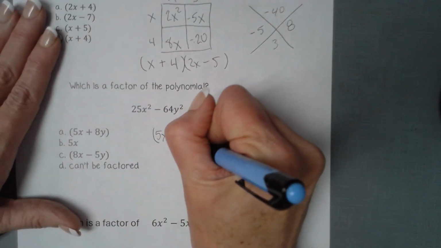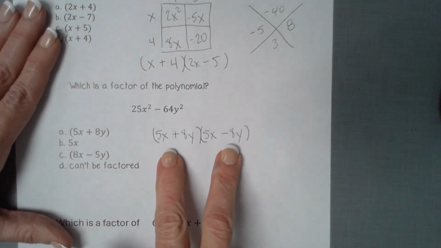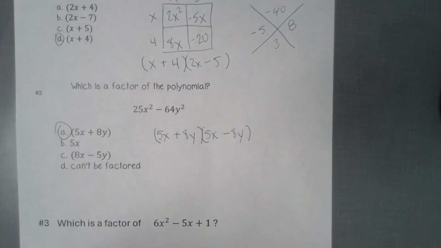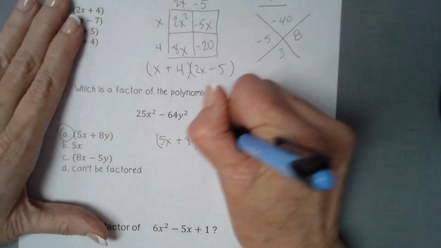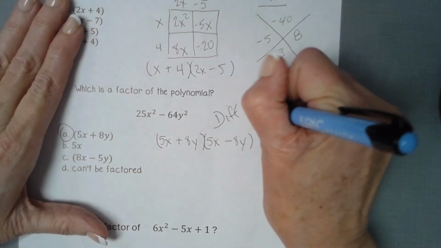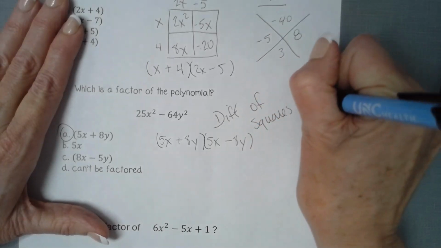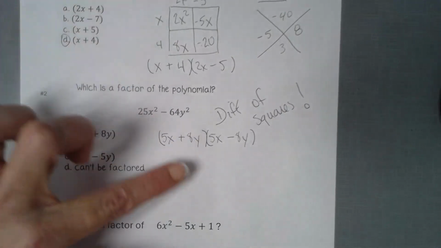Y and y. And the one factor that is there is 5x plus 8y. And y'all might just want to write this, difference of squares. So there's a pattern there.